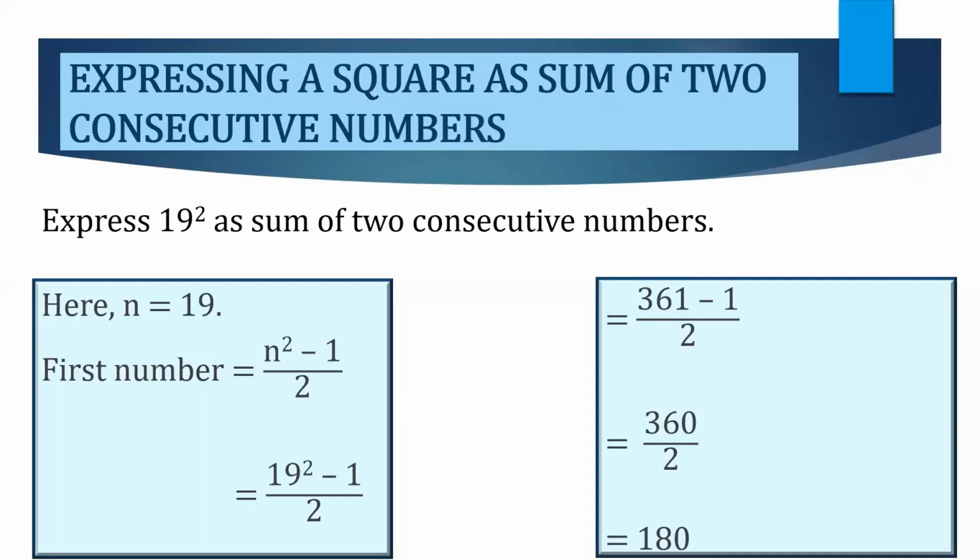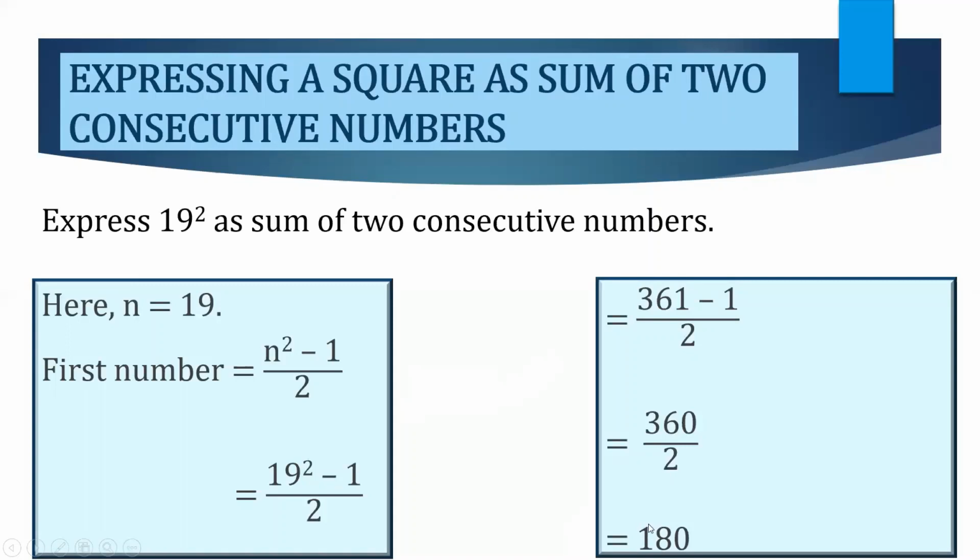Then the first number will be (n square minus 1) divided by 2. So 19 square is 361, minus 1 upon 2, that is 360 divided by 2. We know that 18 twos are 36, so 360 divided by 2 is equal to 180. So 180 is one number.